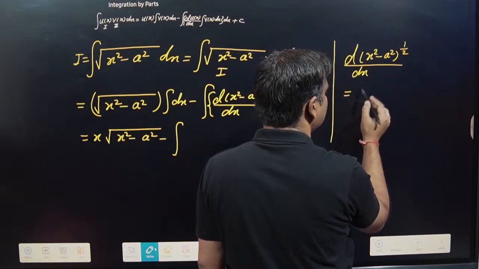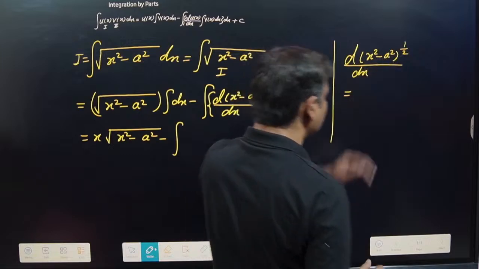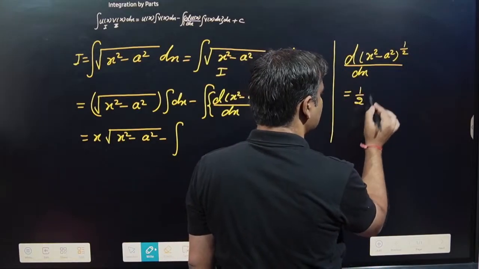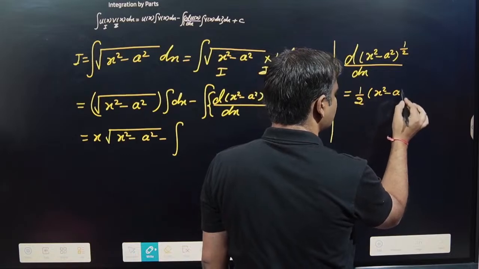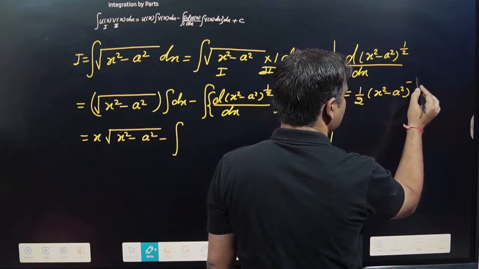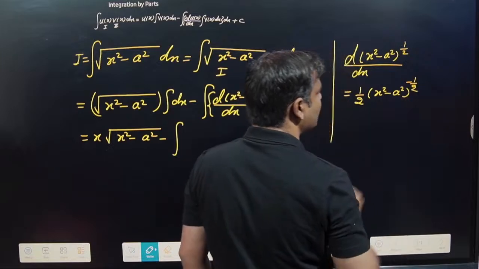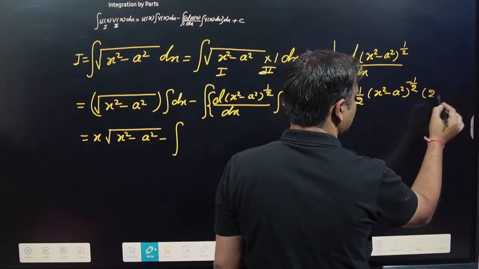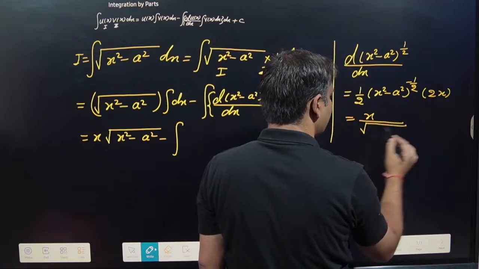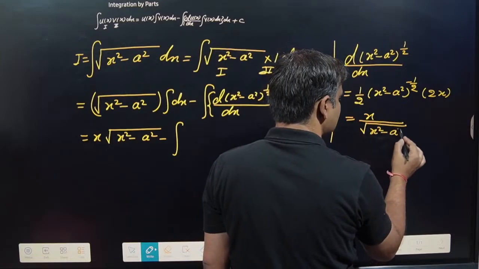Simply assume this is t to the power half. So you can say half into x square minus a square to the whole power 1 by 2 minus 1, so minus 1 by 2, into the differentiation of this one, simply 2x. So you can say x upon under root x square minus a square.